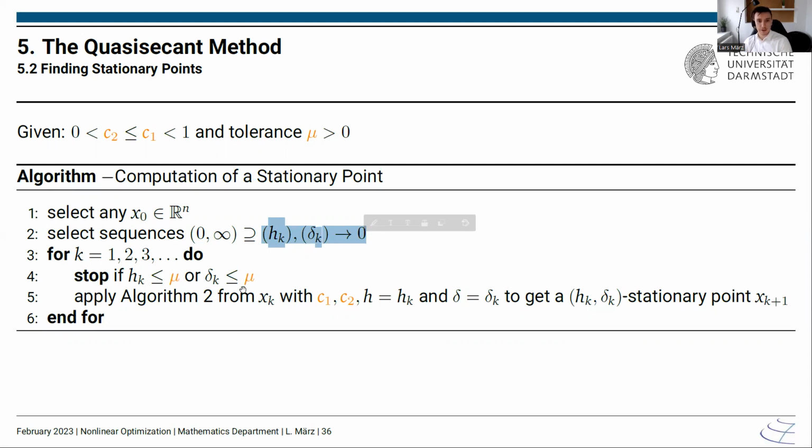Then if H or delta is smaller than mu, meaning we are approximately stationary, then we are done. Otherwise, we iterate algorithm 2 over and over again, for this H_k and delta_k, which become smaller and smaller. And doing that, we get solutions x_k. So we get H_k delta_k stationary points for each of the iterations of this algorithm we execute.